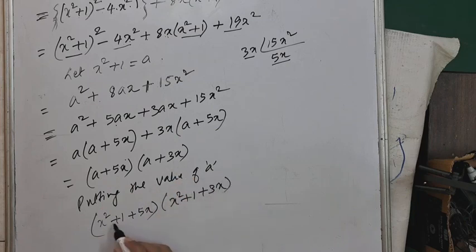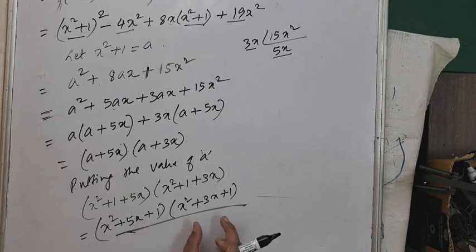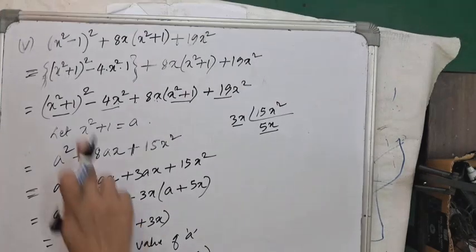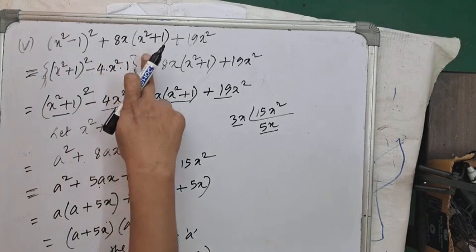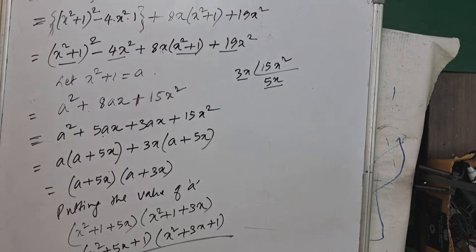Okay, so we cannot further factorize this, so we can leave it as it is, but before that we rearrange this properly. Okay, x square plus this 5x I write before, and then plus 1: x square plus 5x plus 1, and here we have x square plus 3x, this plus 1 I write later. Okay, so these two are the factors of x square minus 1 whole square plus 8x into x square plus 1 plus 19x square. I hope you got this.